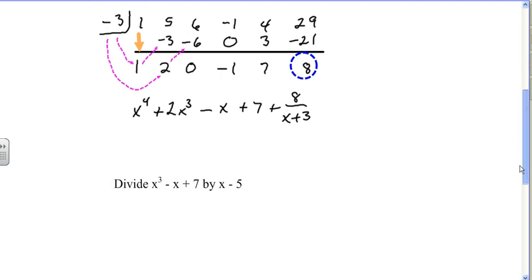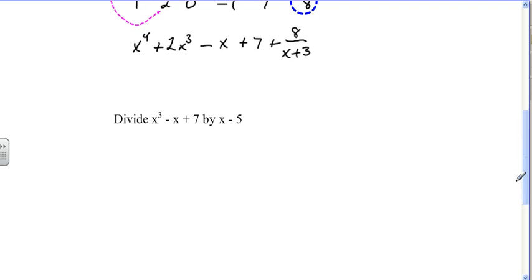Now I do want to show you another example, just to set it up, so you understand there's a little trick that happens sometimes when you're dividing, if it's missing a term. So in this problem, x cubed minus x plus 7 divided by x minus 5, once again, first we'll recognize c is equal to 5. So we'll put 5 here.